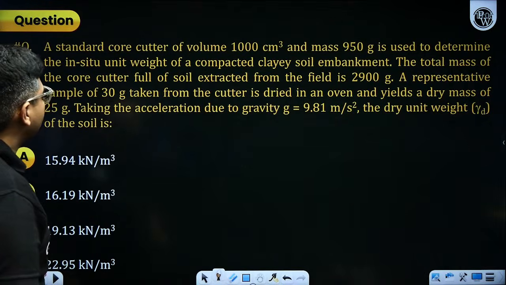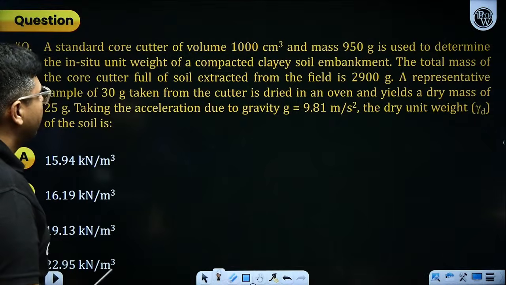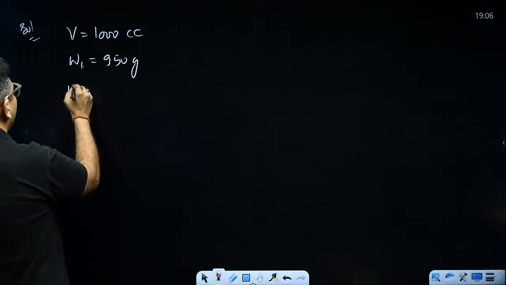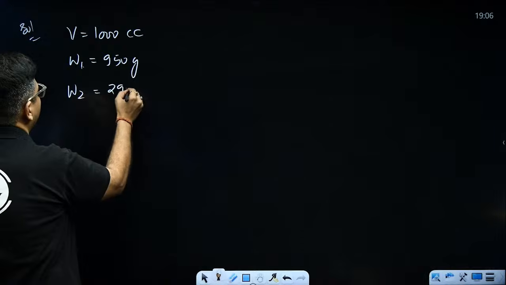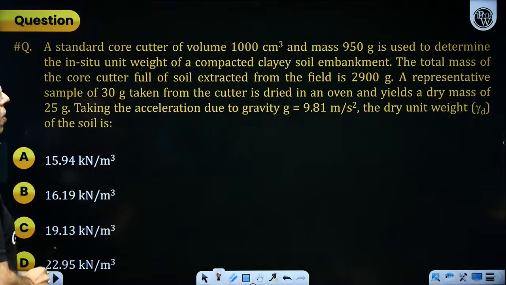The total mass of the core cutter full of soil excavated, that is W2, is 2900 grams. A representative sample of 30 grams taken in an oven dry yields a dry mass of 25 grams.